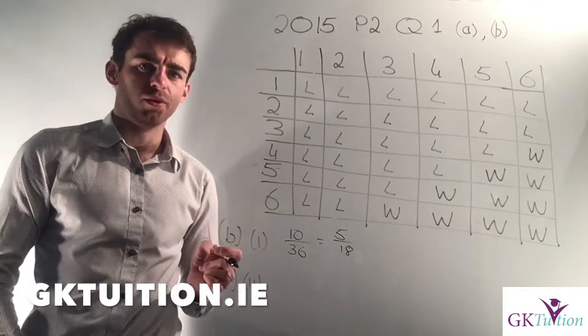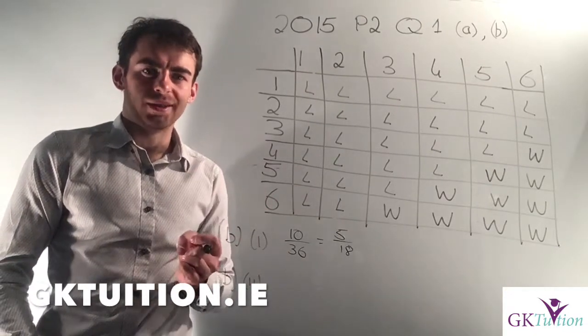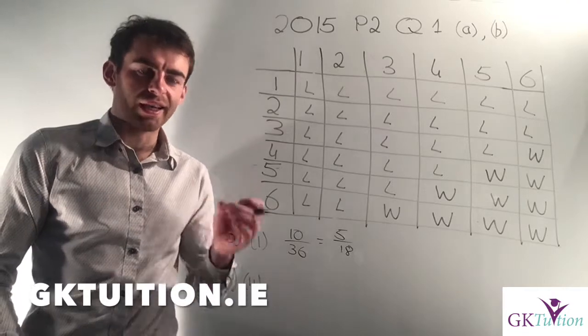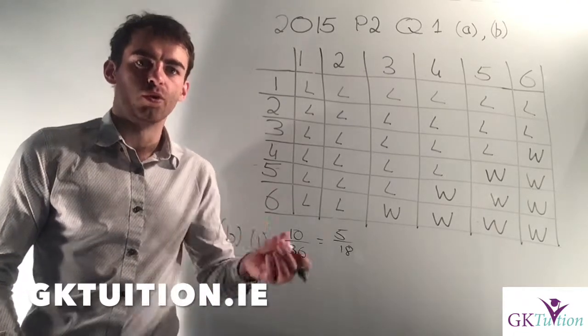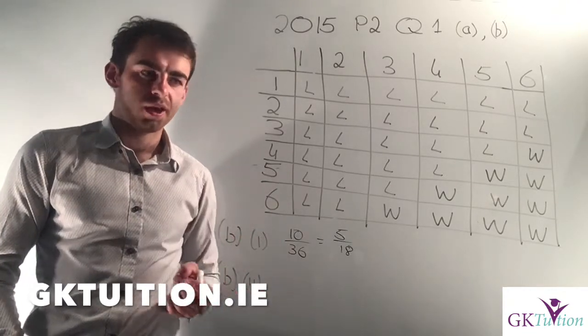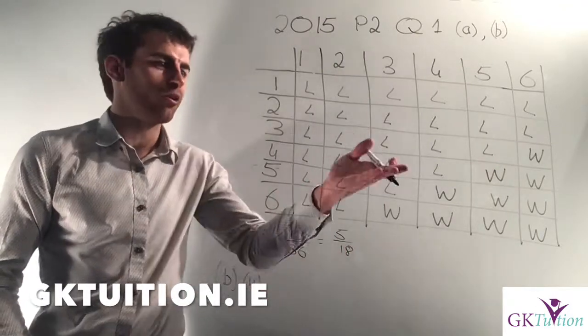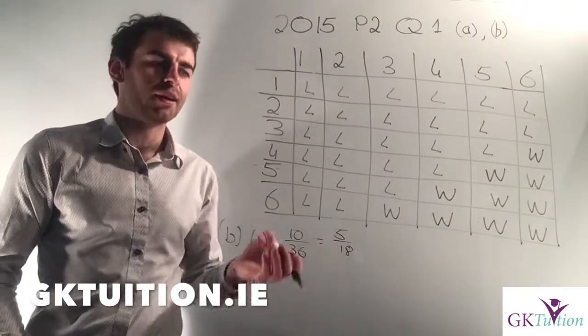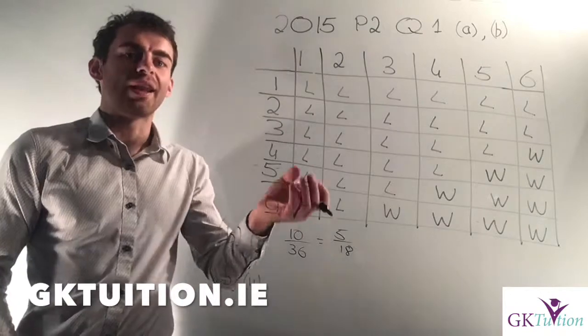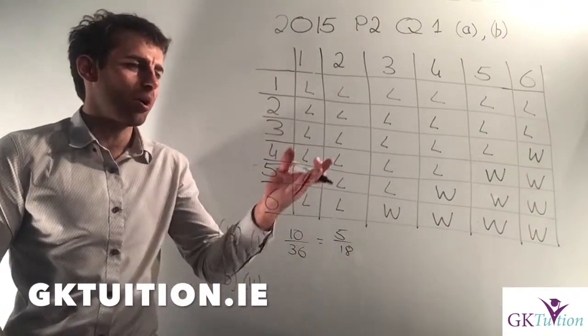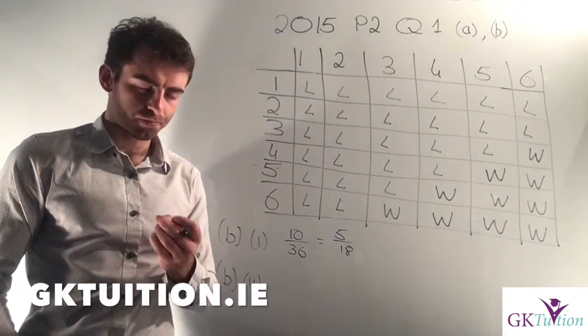Now in part 2, I'm asked to find the probability to 4 decimal places that each of 3 successive throws will result in a loss. So in other words, I throw the 2 dice and I get a number less than 9, then I throw it again, less than 9 again, then I throw it again and I get less than 9 again. So what's the probability I'll lose 3 times in a row?